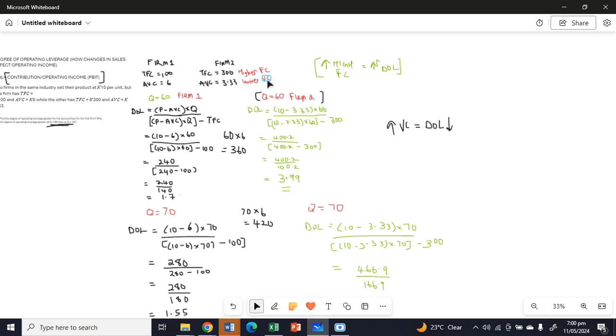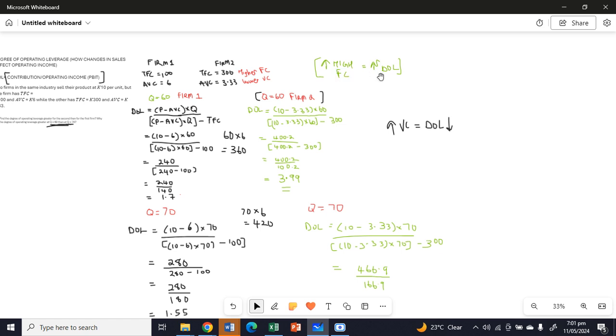Frame 2 has higher fixed costs and lower variable costs, but it exhibits a higher degree of operating leverage than frame 1 at both quantities. So higher fixed costs, higher degree of operating leverage. There is a positive relationship between fixed costs and degree of operating leverage.